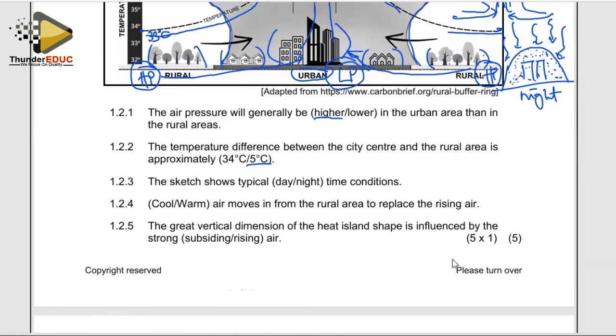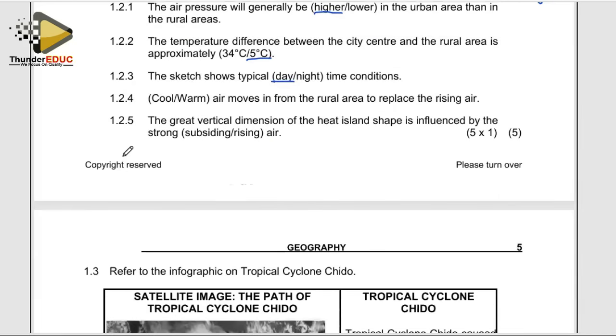The sketch shows a typical, is it day or nighttime conditions? We have talked about that. This happens during the day. Number 1.2.4: cool or warm air moves from rural area to replace the rising air. We have also talked about that. The presence of vegetation, natural surfaces, and water bodies in the rural areas will result in cooler conditions.